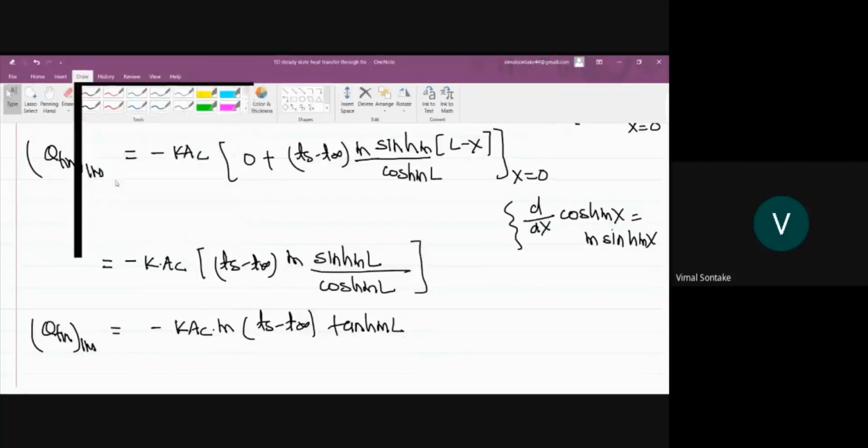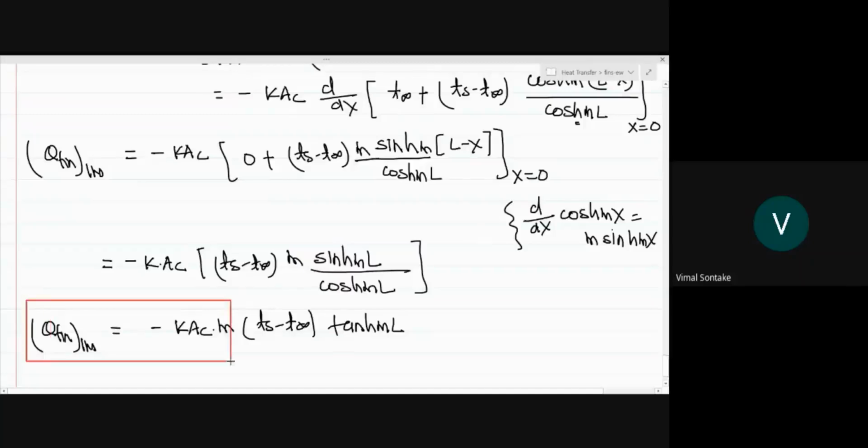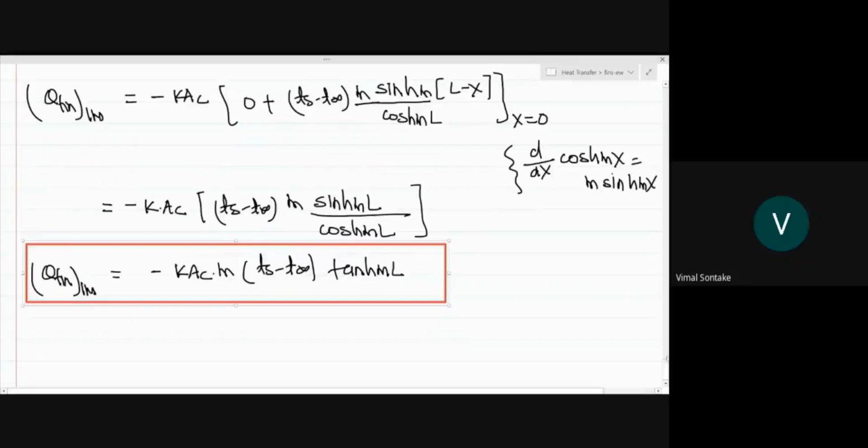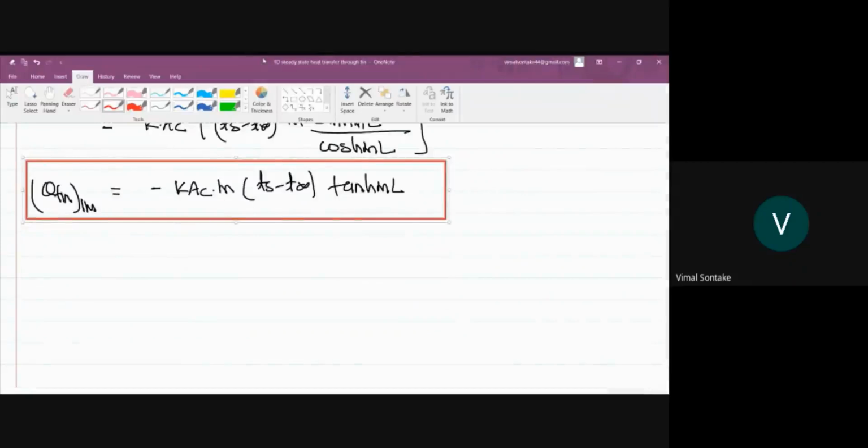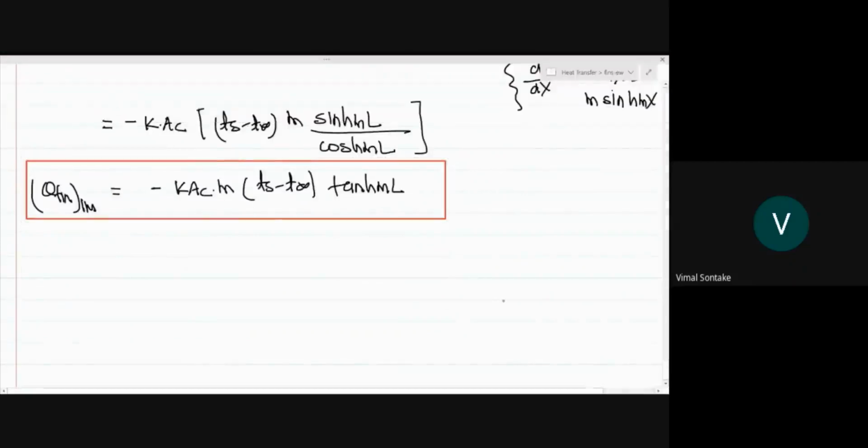Now, no need to remember this formula also. It is also given in the data book. So this will be the rate of heat transfer from a single fin with insulated tip. If there are n number of such fins, let's say 1000 fins are attached, then what will be the total rate of heat transfer from the fins?